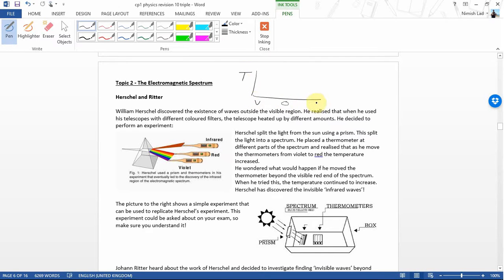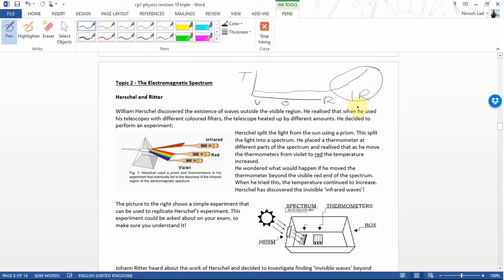As he plotted the graph, he realized that the closer and closer he got to red, the faster and faster temperature increased. When it went beyond red, it increased even faster. So you realize there must be some sort of wave beyond red, and he called it infrared.